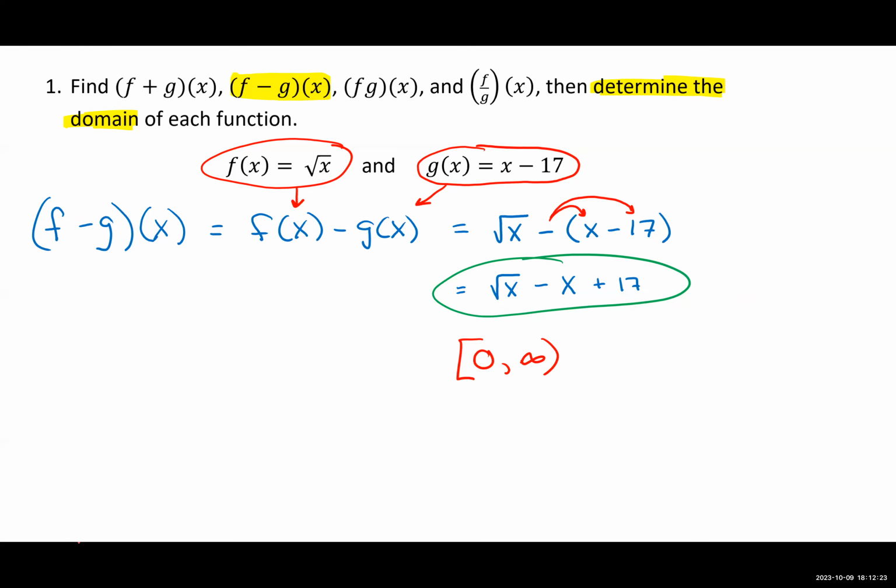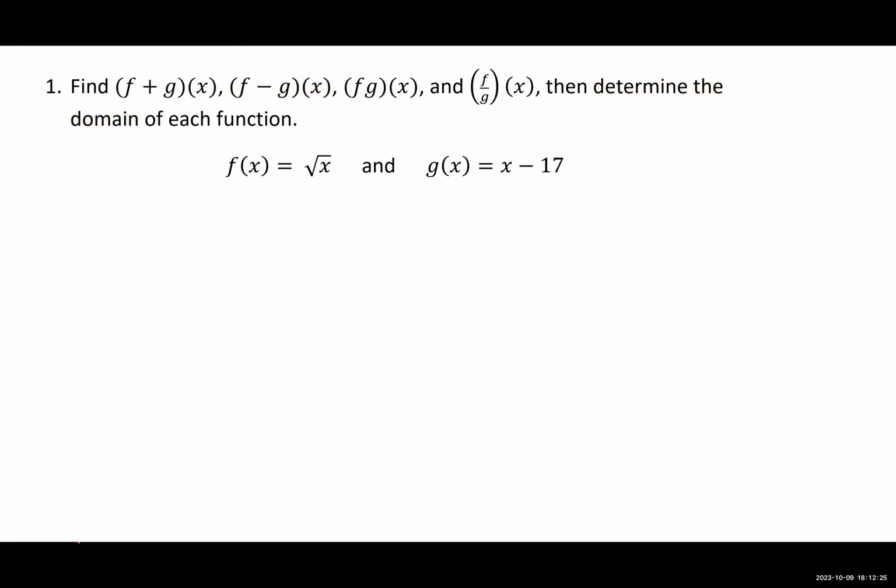All right, so that's plus, minus, times. F times g of x, and then determine the domain.